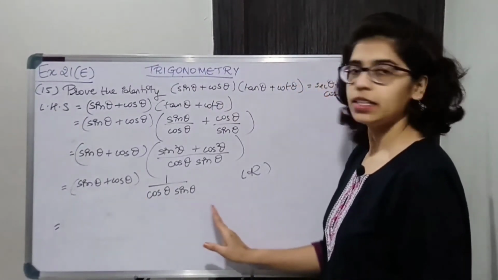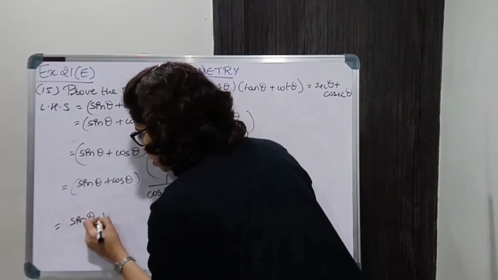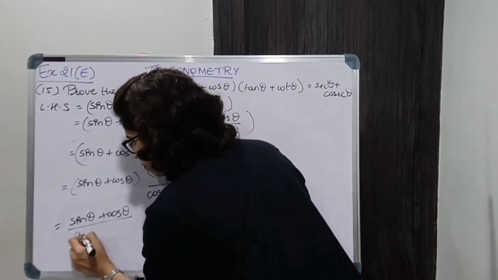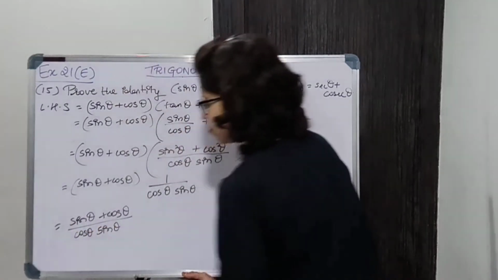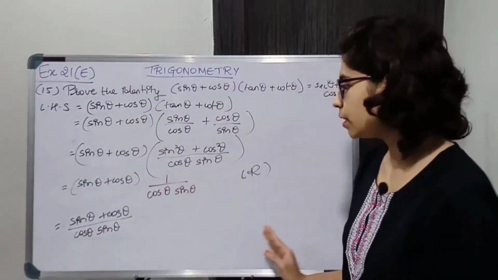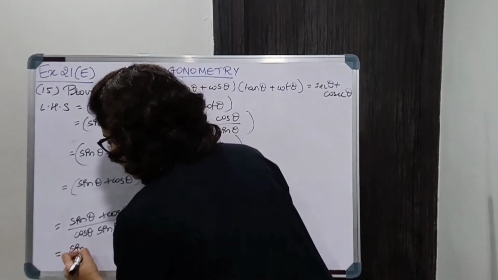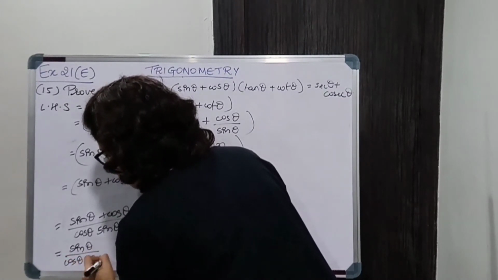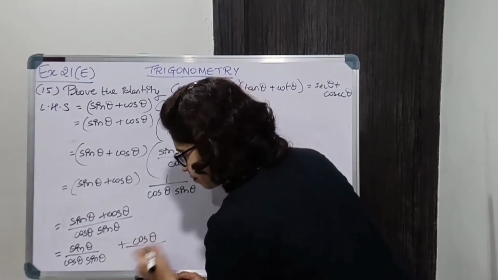Now sin theta plus cos theta upon this, so it is sin theta plus cos theta upon cos theta into sin theta. Now we'll split it. So this will become sin theta upon cos theta sin theta plus cos theta upon this denominator.